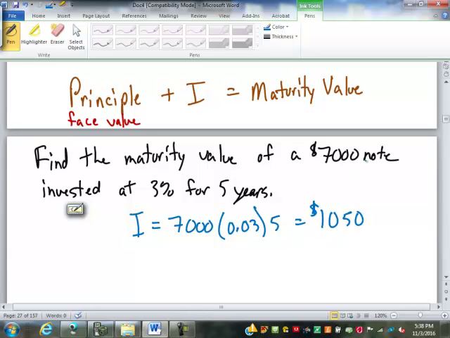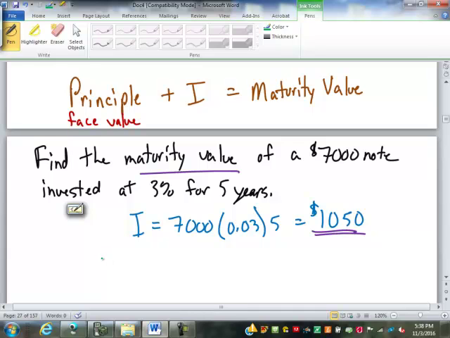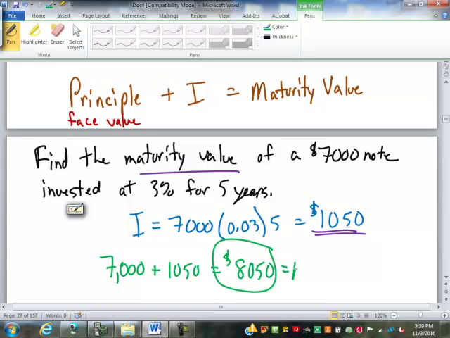Very good. That is our amount of interest. Now we're asked for the maturity value, so what do we have to do next? Perfect. 7,000 plus the 1,050. So $8,050 is the maturity value.